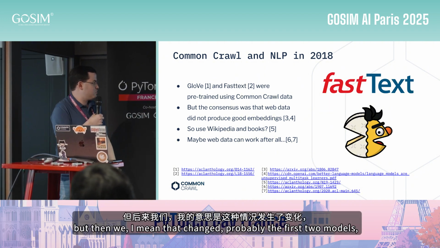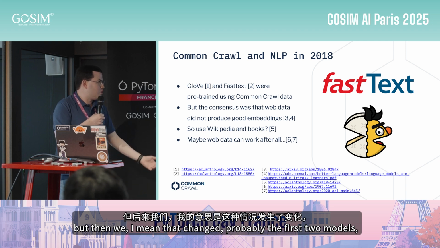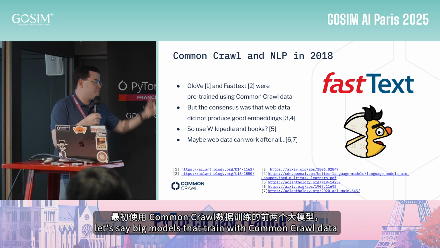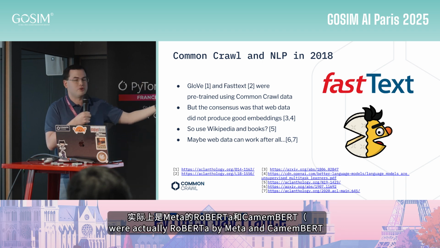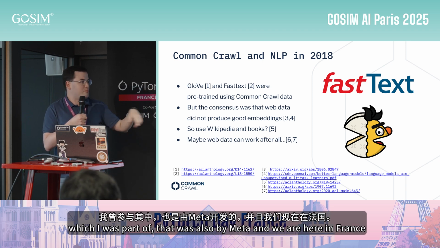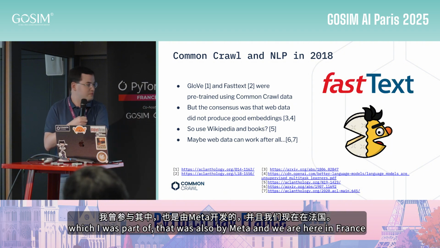Probably the first two big models, they're small today, but let's say big models that trained with Common Crawl data were actually RoBERTa by Meta, and CamemBERT, which I was part of, that was also by Meta and Inria here in France.